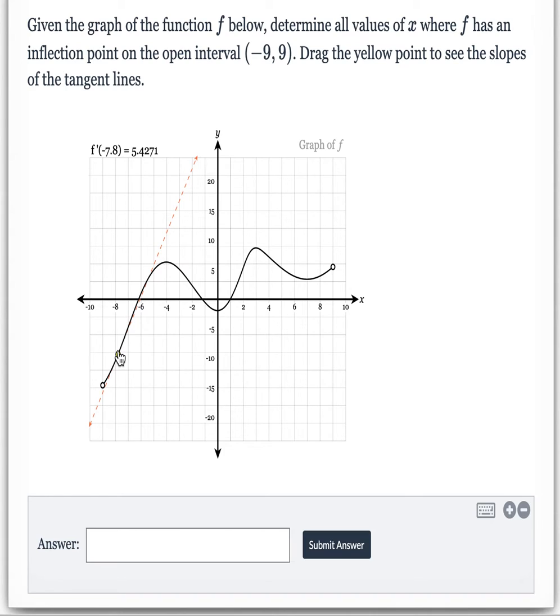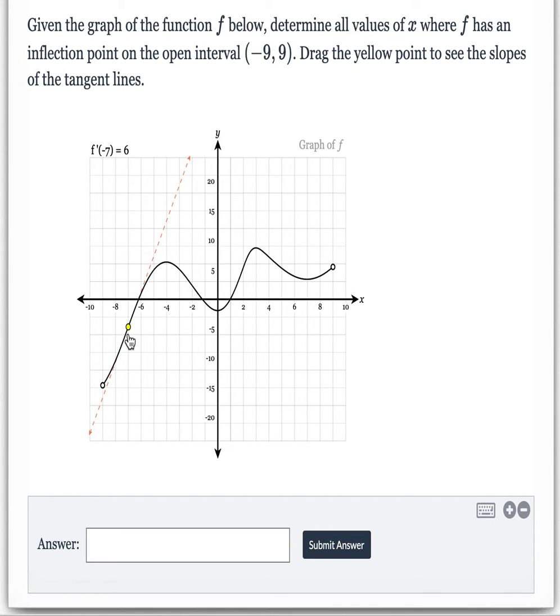So notice something. 5.4, 5.6, 5.7, that's increasing. 5.9, then it goes to 6. But then it switches to 5.9, 5.8, 5.7. Those are decreasing slopes. So while they're still positive, there is a trend that's happening.